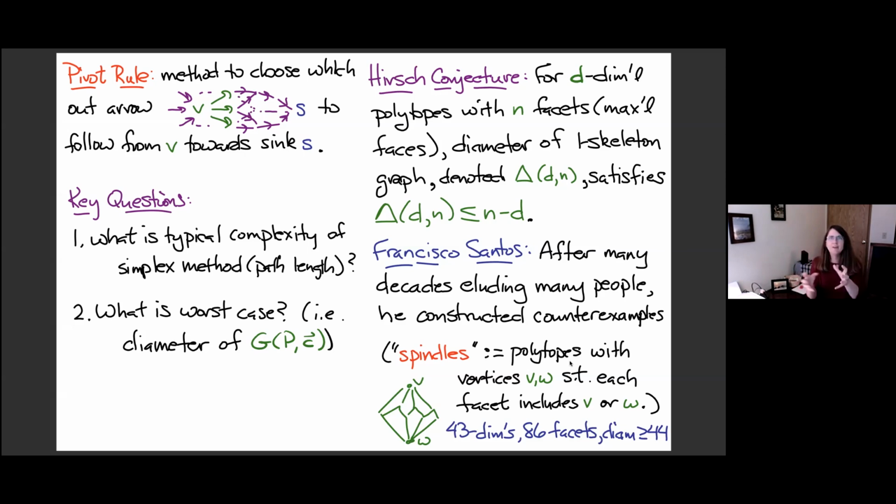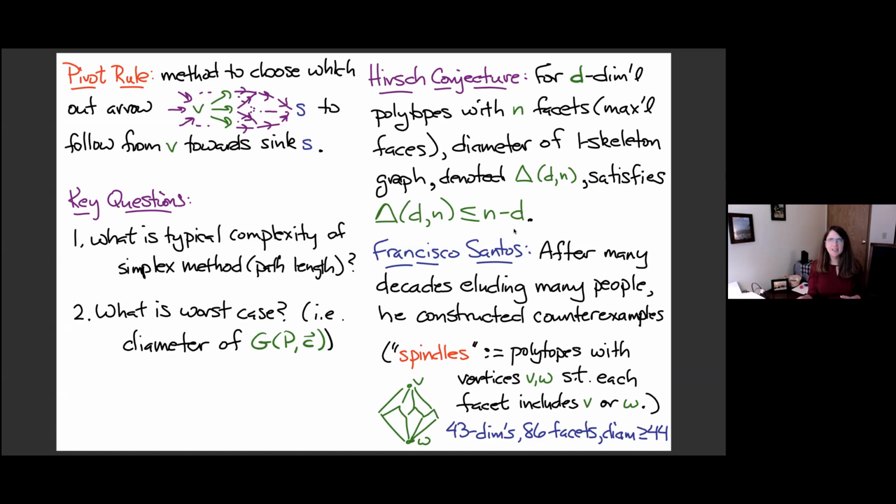Like if you have a 5-dimensional polytope, its facets would all be 4-dimensional. Then the diameter of the one skeleton as an undirected graph, denoted delta of d comma n, is always less than or equal to n minus d. This is a conjecture that was around for a very long time.